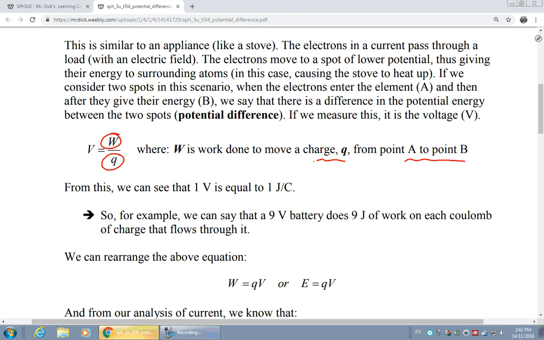But it's telling us more about how much of a push these electrodes in the circuit are going to give to each coulomb of charge that goes through it.